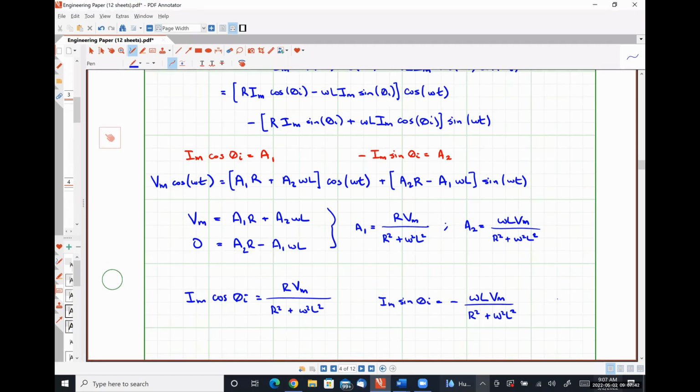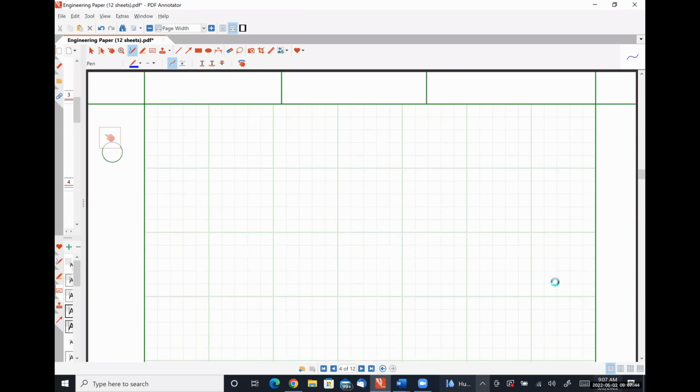I'm going to take these relationships and play around with things here. For instance, (Im cosine theta I) squared, I have enough information to figure out what that is, plus (Im sine theta I) squared. I have enough information to know what that is.